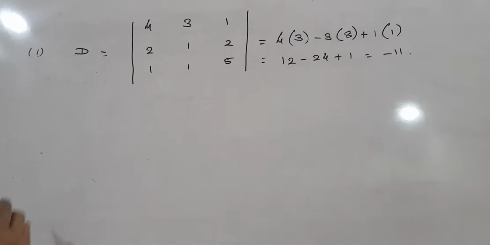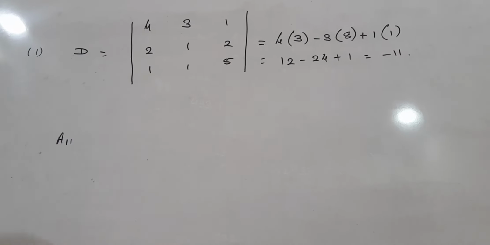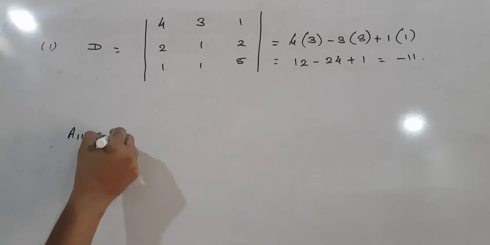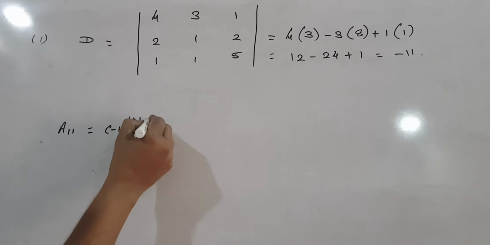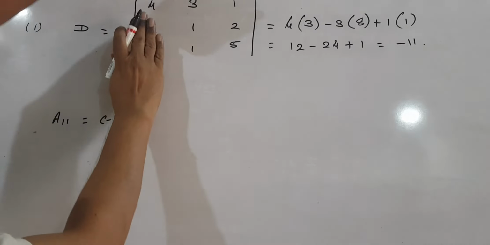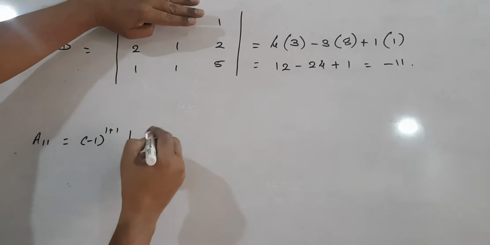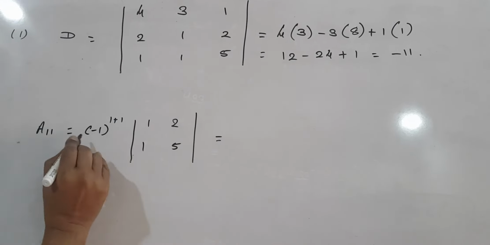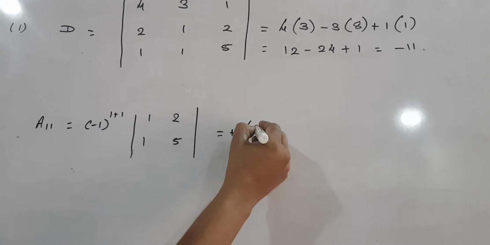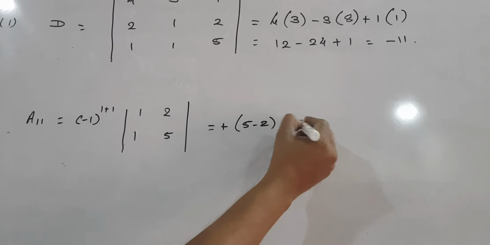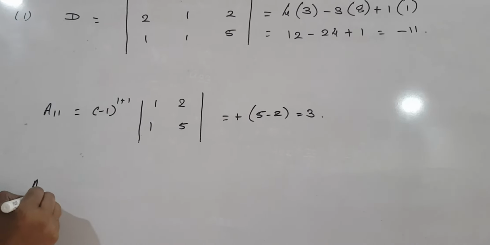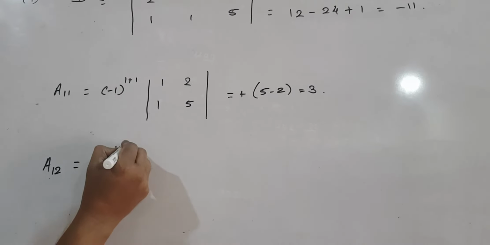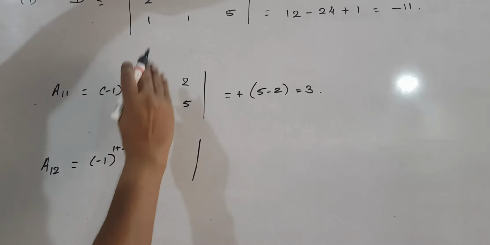But I want A11, the cofactor of the element. So we can say minus 1 raised to 1 plus 1, determinant of what? Just press this. So 1, 2, 1, 5. So it becomes what? ये तो प्लस ही हो जाएगा. 5 minus 2 is 3. A12: so minus 1 raised to 1 plus 2, determinant of the first or second column.